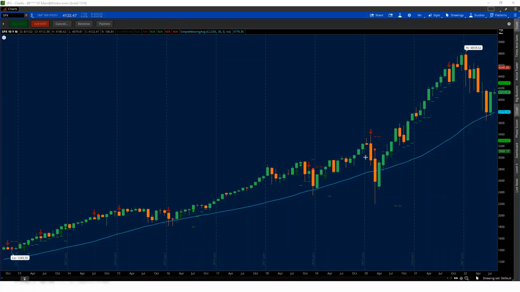As you can see, the previous test of this 36-month moving average was the Corona crash back in early 2020, February, March. But you can see there was a very significant and sustained and strong move up off of this moving average.